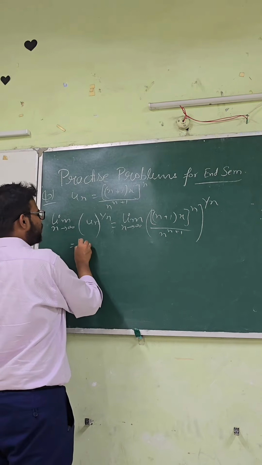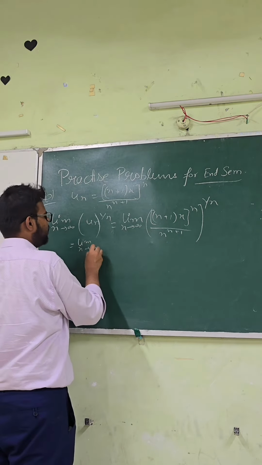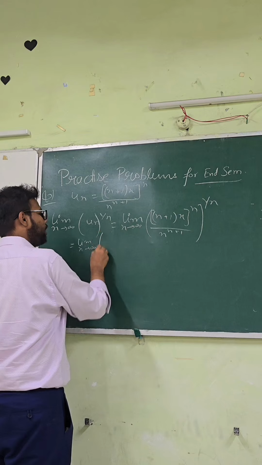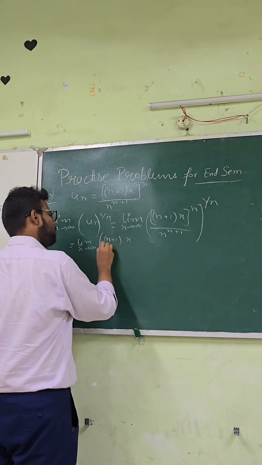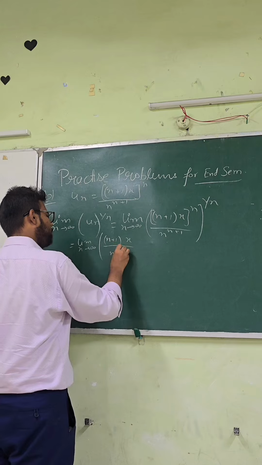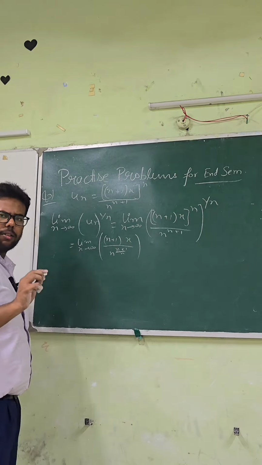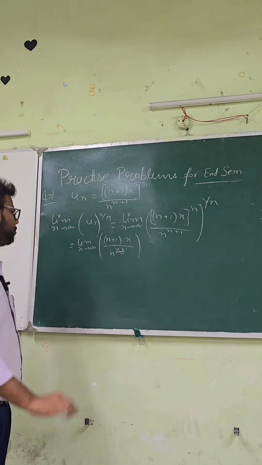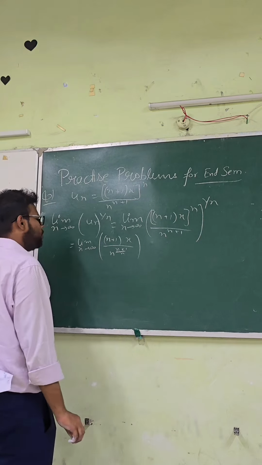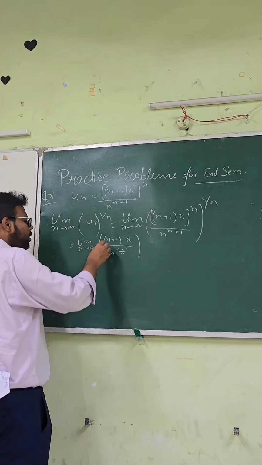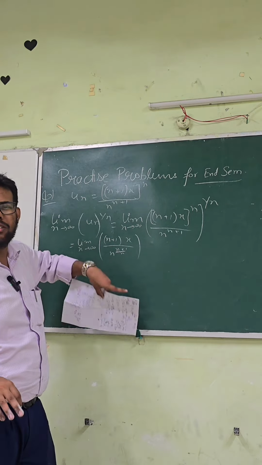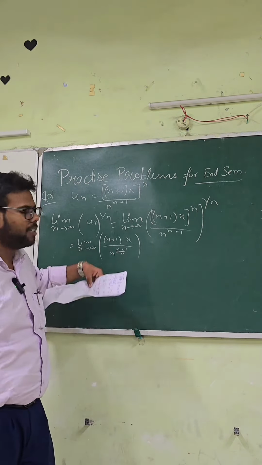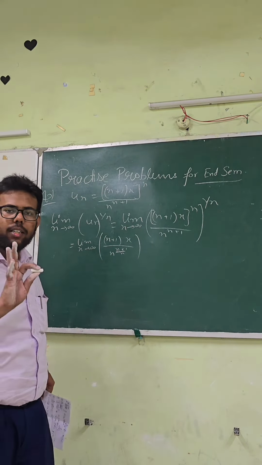So when you evaluate it, you get the limit as n tends towards infinity of (n+1)x upon n^((n+1)/n), right? You get this thing, okay? Is it fine? So notice that it is again infinity plus 1. n is tending towards infinity, so infinity plus something very small, that is 1, is obviously equal to n itself.